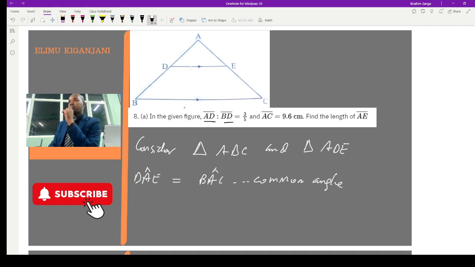And also, because these 2 lines are parallel, this angle and this angle are going to be corresponding angles. So with the small triangle, angle ADE is equal to angle ABC, and these are corresponding angles.